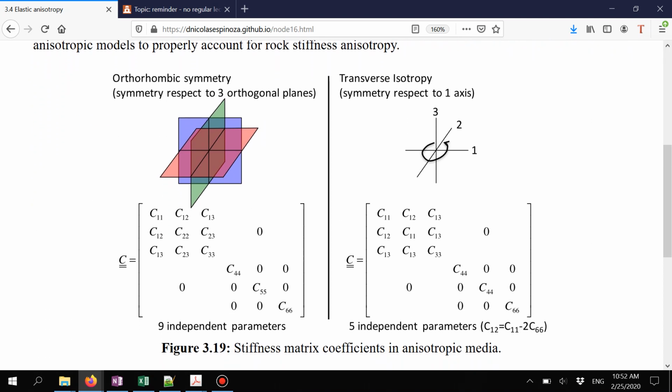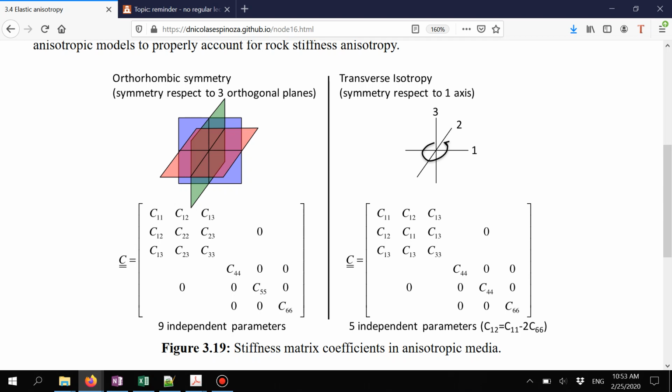So no matter the direction in which you apply a load, you would expect in an isotropic rock the same deformation, independent of the direction in which you apply the load. And that's true for some materials, like, for example, steel, some very homogeneous ceramics, but it is not true for rocks. Rocks are not isotropic, they are anisotropic, and especially sedimentary rocks.